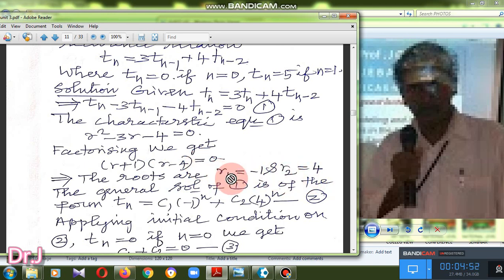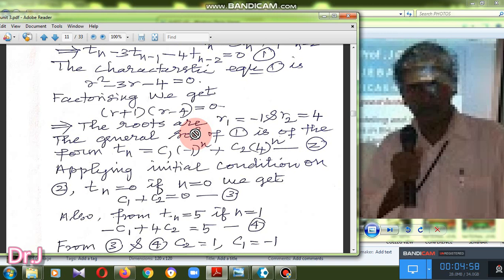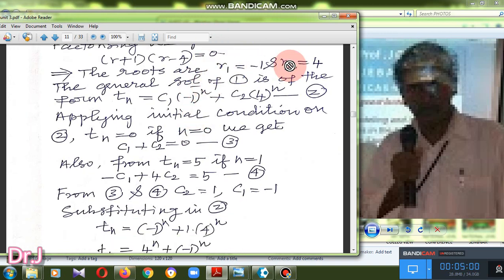So the two roots are r1 equals minus 1 and r2 equals 4. We know from differential equations, if two distinct roots exist, then the general form of the solution is Tn equals C1 into r1 to the power n plus C2 into r2 to the power n, where r1 and r2 are the two roots.